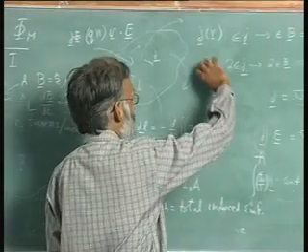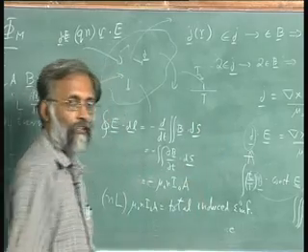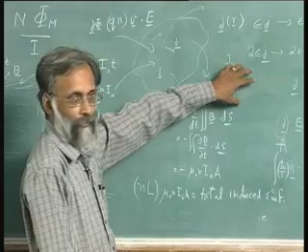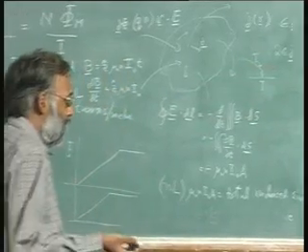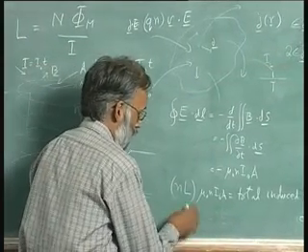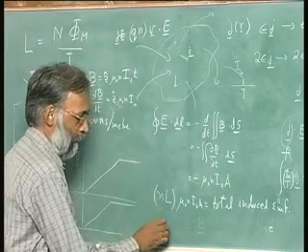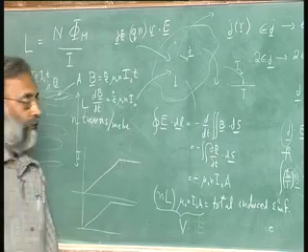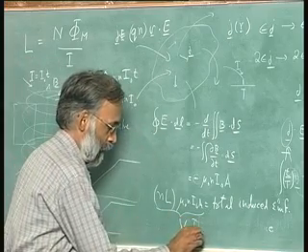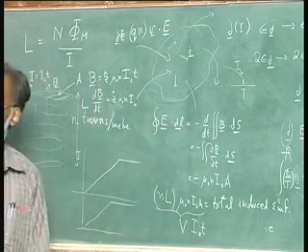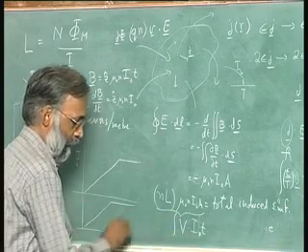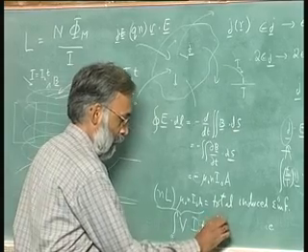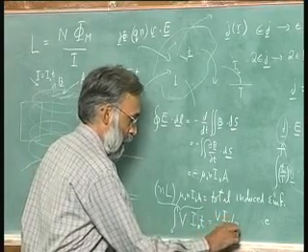So, I have to drive a current through this battery, and because I have to drive a current through this battery, I have to do work on this battery. So, how much work do I do? The work I do is this induced EMF, this is a voltage V, times the current, which is I naught t. This is the power integrated from 0 to 1, which is V I naught divided by 2.